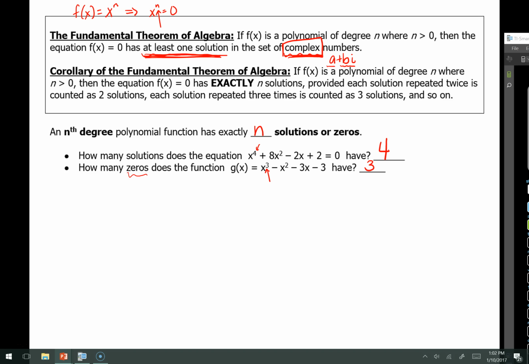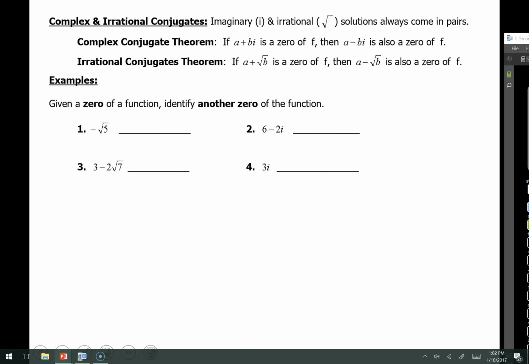There's one other idea that we need to talk about quickly before we get into the actual problems, and it is this correlation where we're looking at complex and irrational numbers. If you have an imaginary number as a solution, or you have an irrational number, so the square root of something, a non-pretty number, if you will, those solutions are always going to come in pairs.